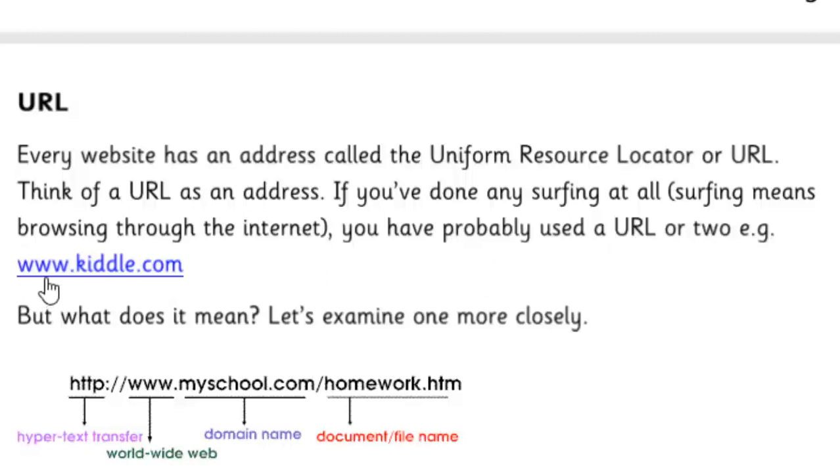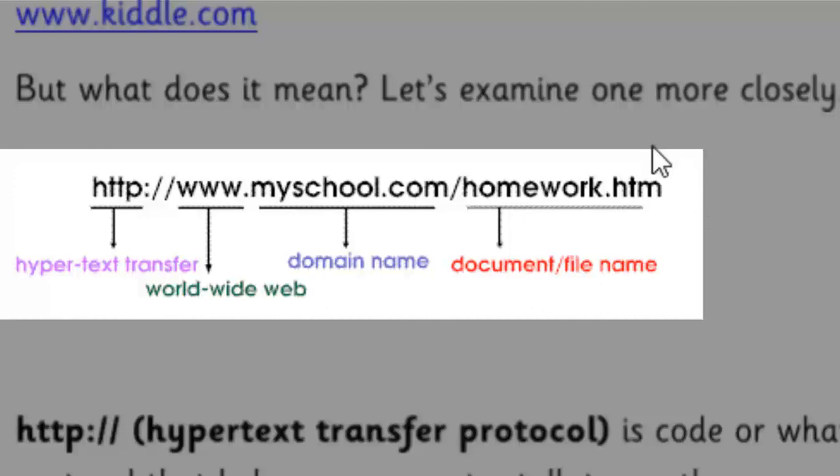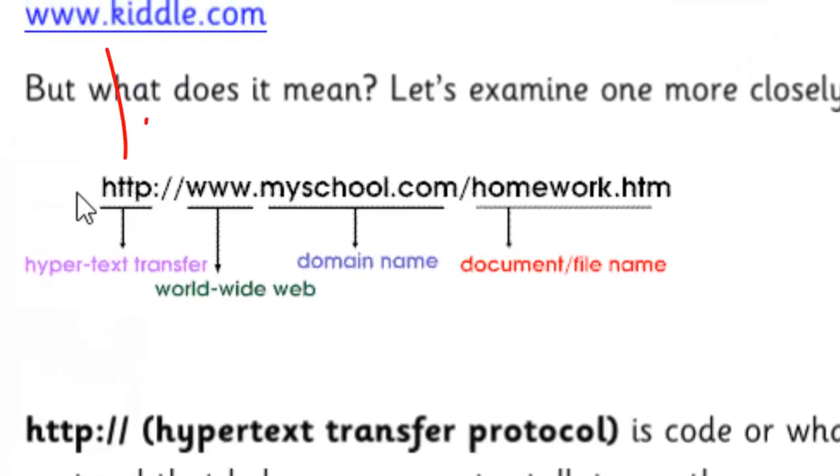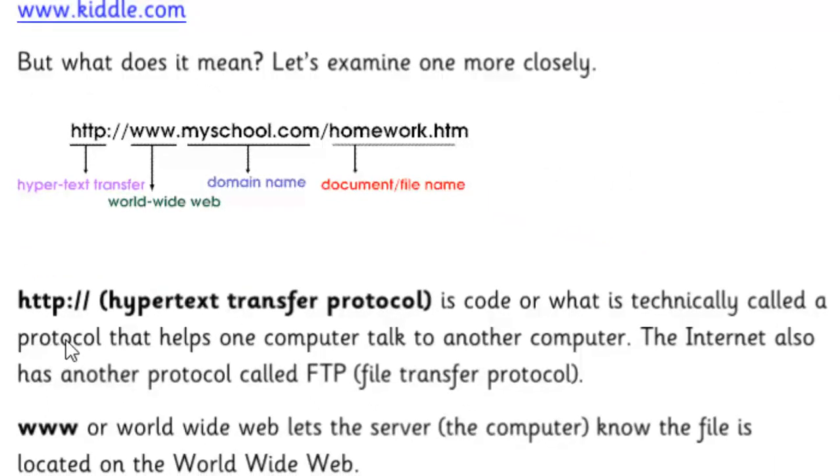Example: www.kiddle.com. This is a full URL. The first portion of this URL is http://. HTTP stands for Hypertext Transfer Protocol.